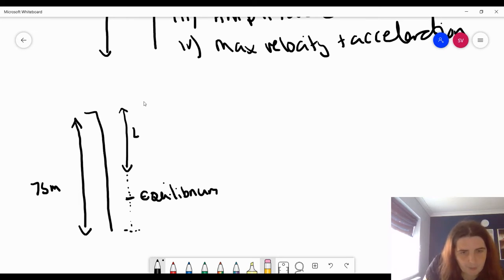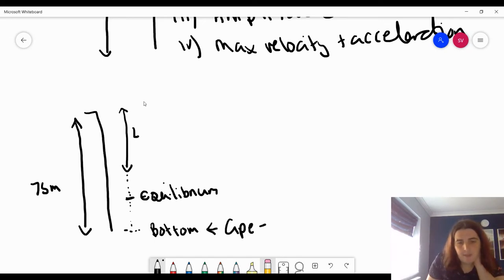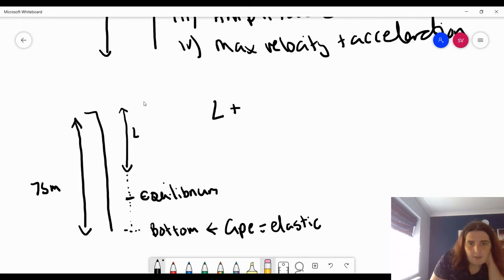And you have your bottom here. So this is actually quite useful to know, that at this point here, the GPE equals the elastic. Because you know that L plus this total extension is 75.